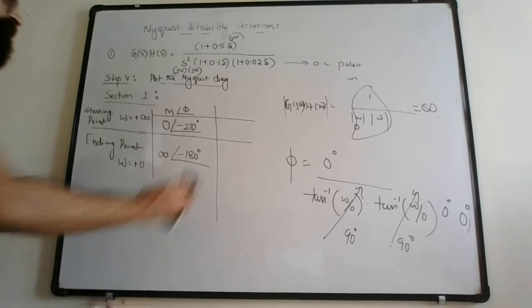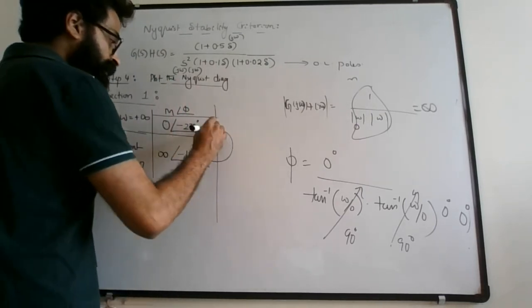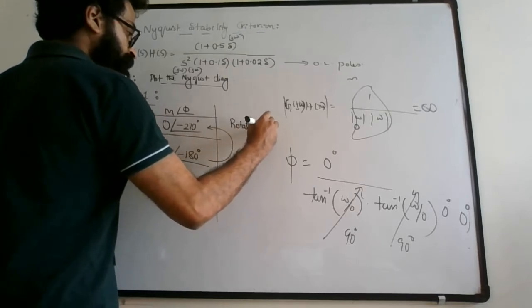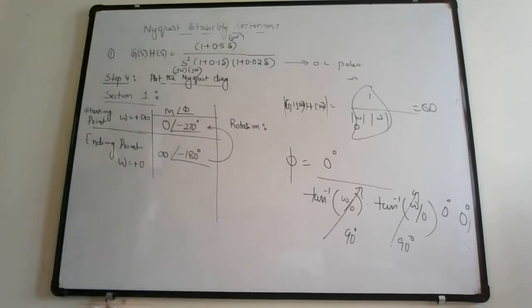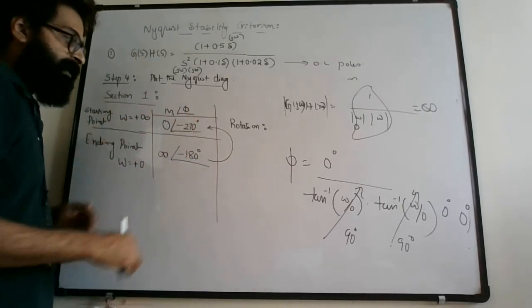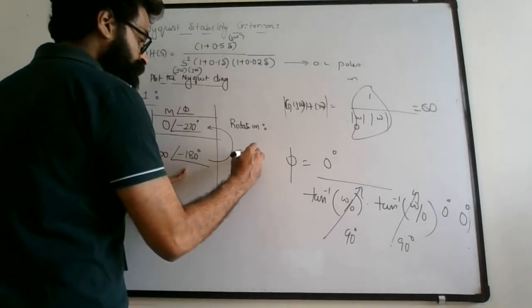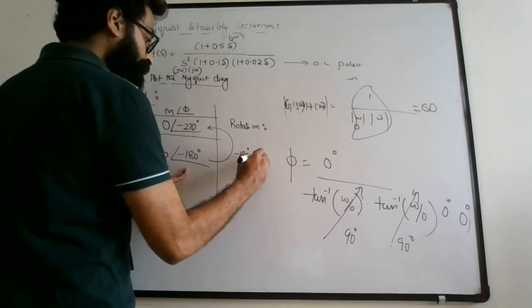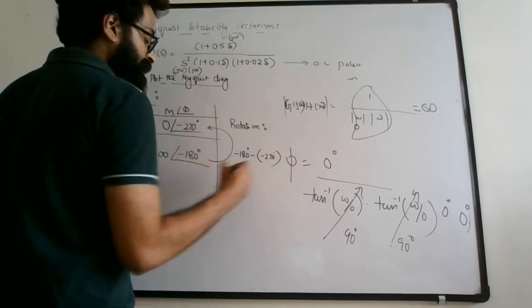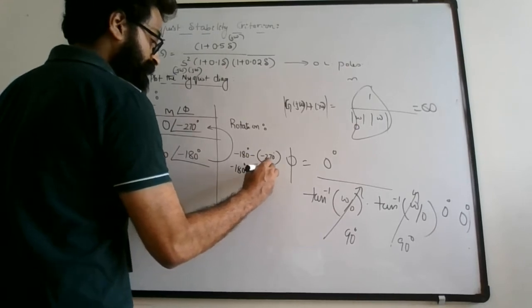Then once this is done, we calculate something known as rotation. So the rotation angle is the latest angle minus the previous angle. The latest angle is minus 180 degree. So it is minus 180 degree minus the previous angle. What is the previous angle? 270 degree. So it is minus 180 degree plus 270 degree.